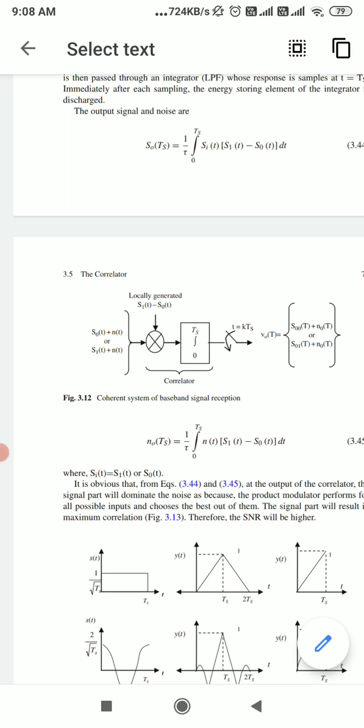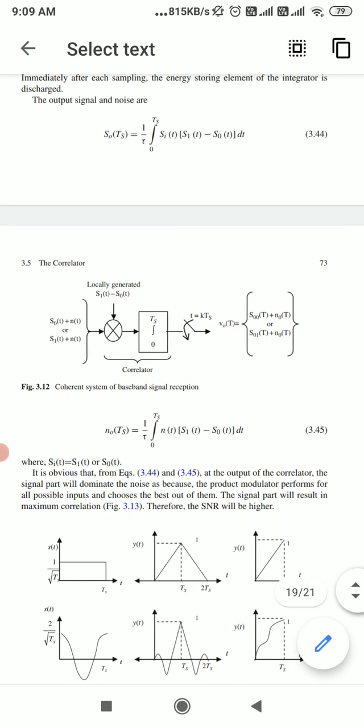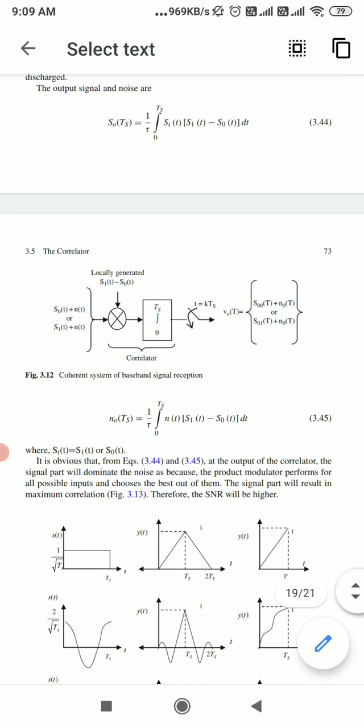So we can say Si(t) will be equal to S1(t) or S0(t).